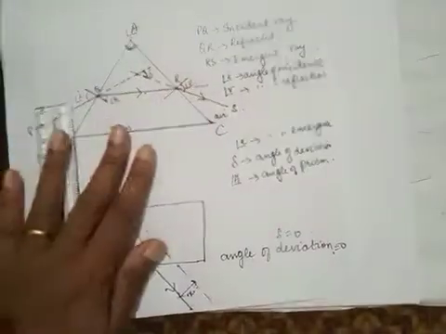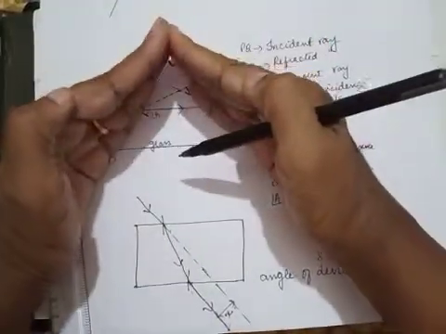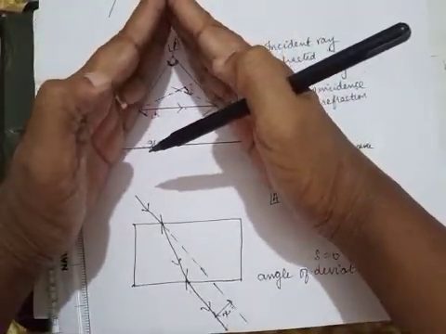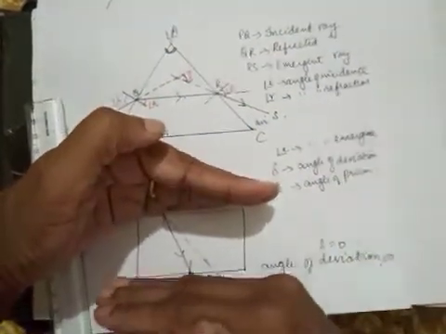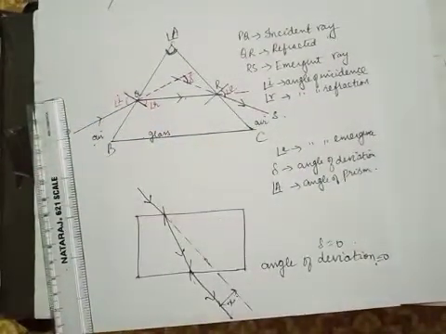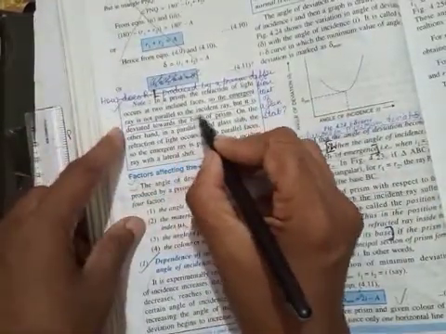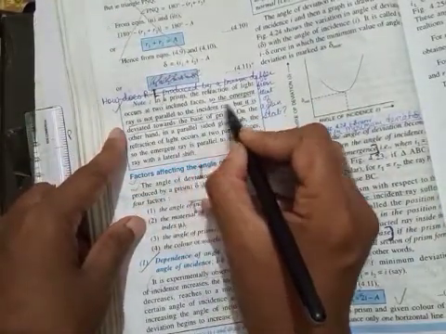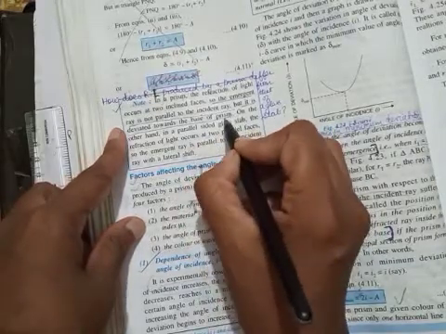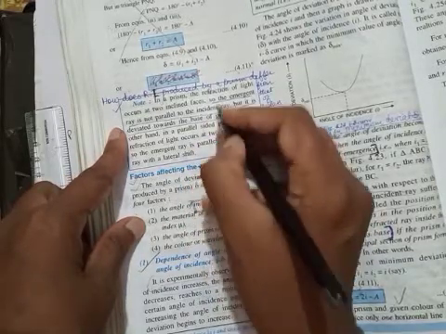Here refraction is occurring at two inclined faces. Here it is occurring at two parallel faces. That's the main difference. Two inclined faces. So the emergent ray is not parallel to the incident ray, but it is deviated towards the base of the prism. Okay.